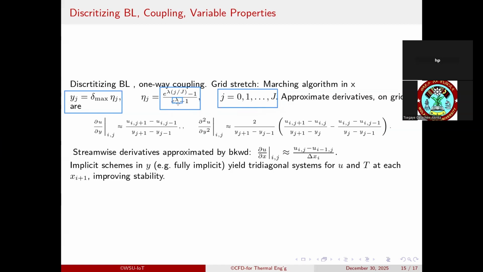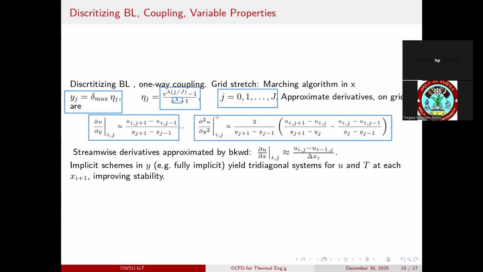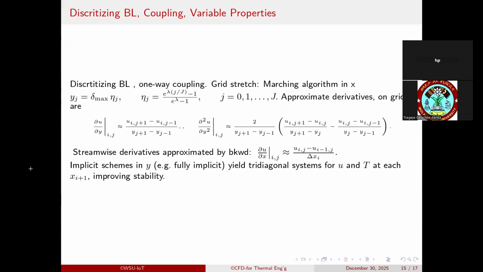First and second derivatives across the boundary layer thickness on the grid are approximated using central difference as shown. The streamwise derivative is approximated with backward difference.